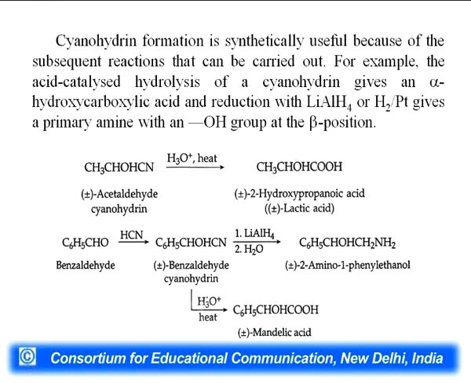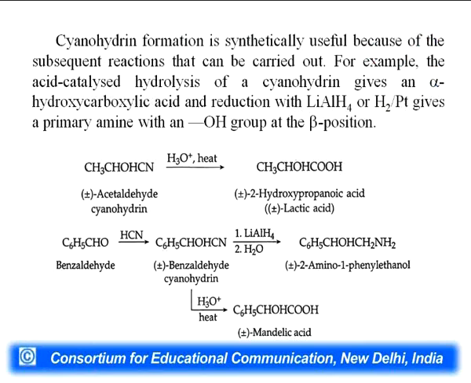For example, acid-catalyzed hydrolysis of cyanohydrin gives an alpha hydroxy carboxylic acid, which on reduction with lithium aluminum hydride or with catalytic reduction gives a primary amine with a hydroxyl group at the beta position.